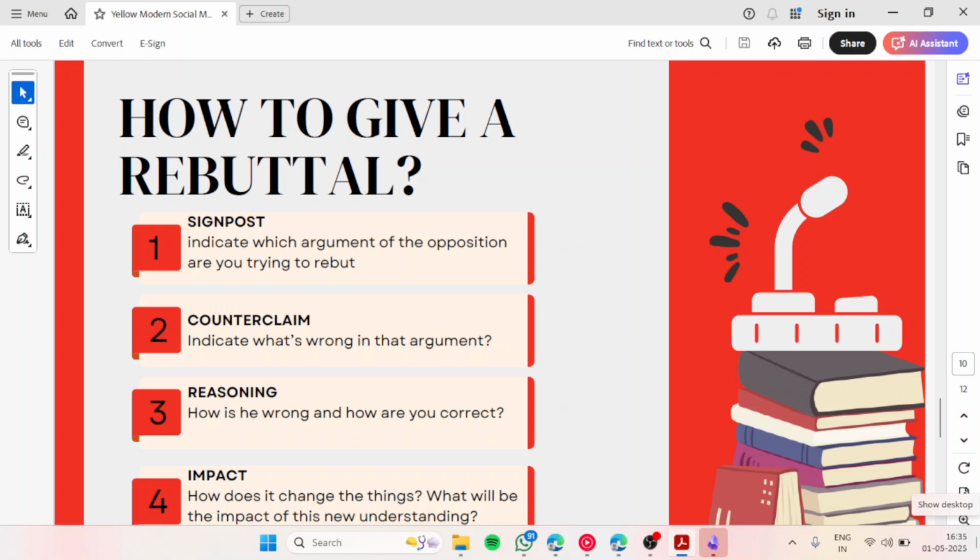Once you've done that, the impact it will generate is that you can now say that based upon this reasoning and this rebuttal, the entire economic benefit that they were trying to achieve does not exist anymore. As long as it does not exist, their side has no other benefit, right? And that is why this debate comes more to our side.